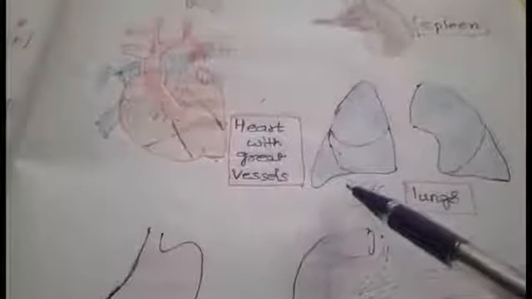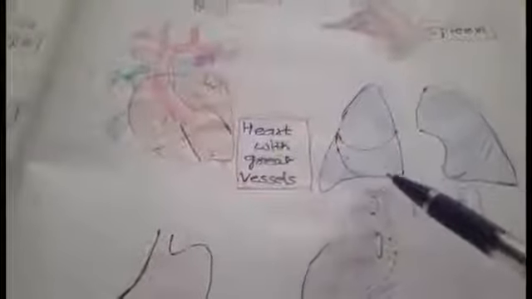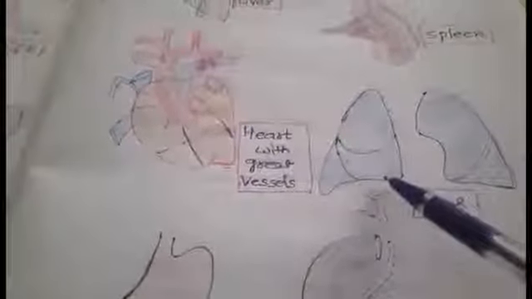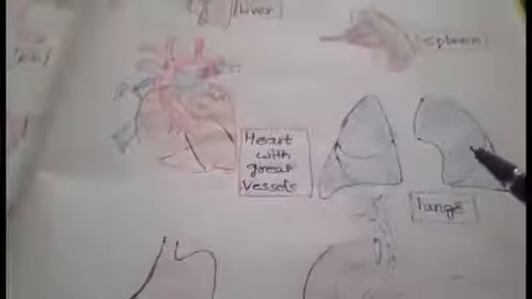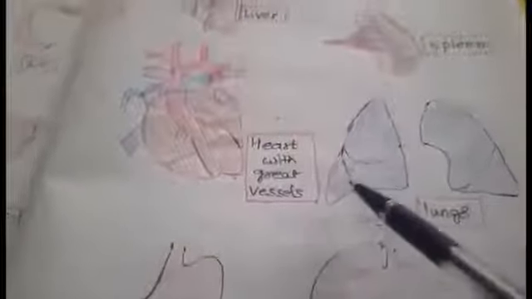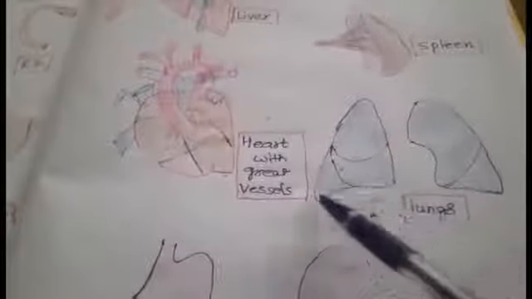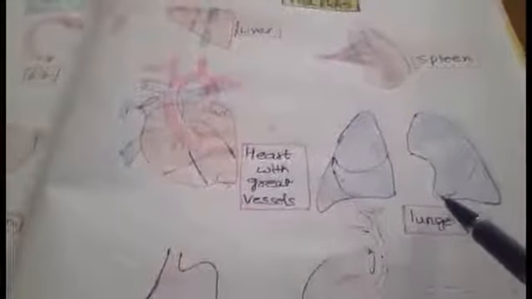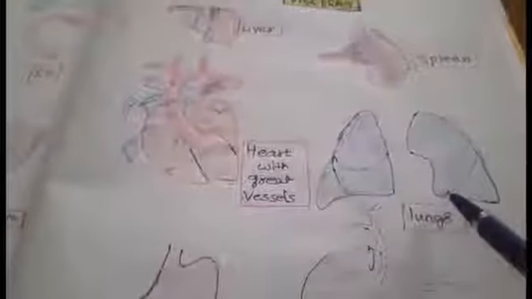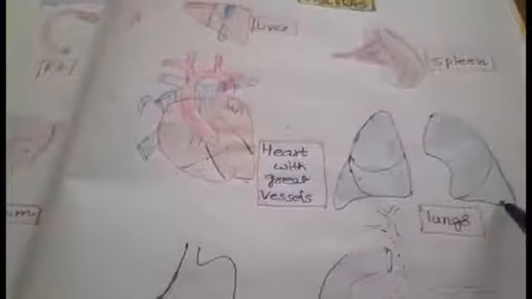Examiner may ask why there is concavity on the diaphragmatic surface of right and the left lung. In the right lung, concavity is due to the liver, and in the left lung, concavity of the diaphragmatic surface is due to the spleen and the fundus of a stomach.